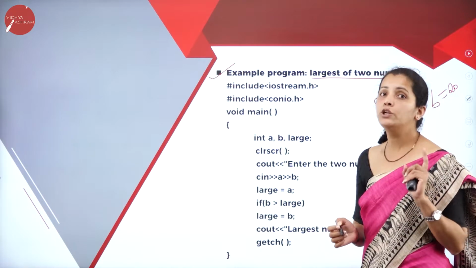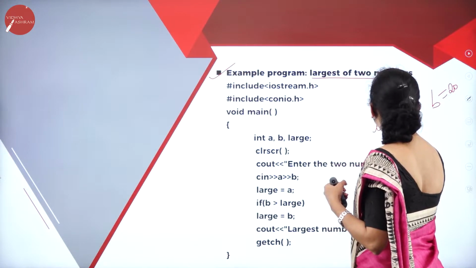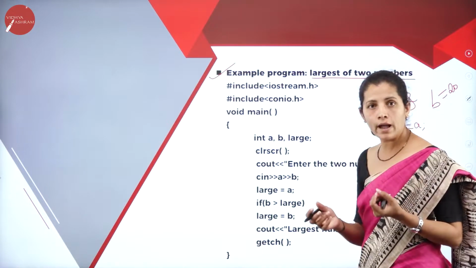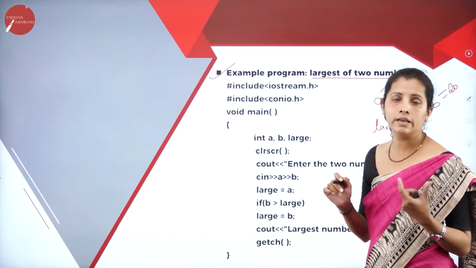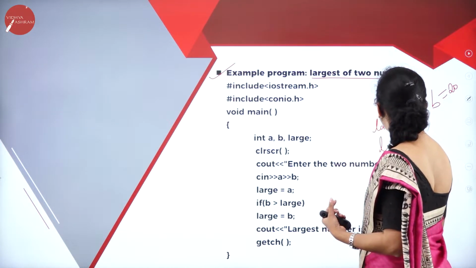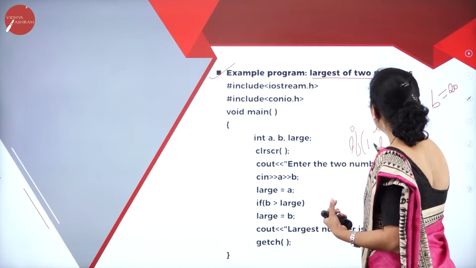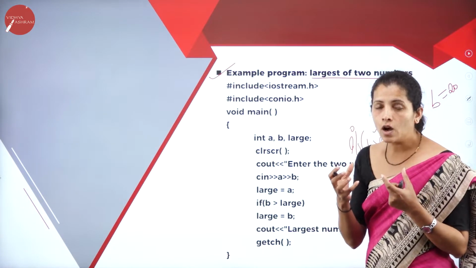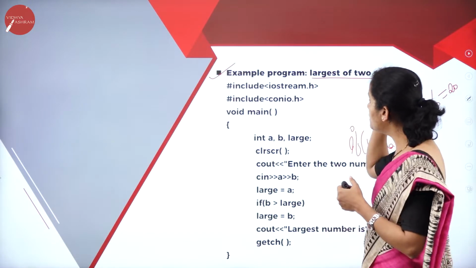Now I need to check. Initially I'm going to take large equal to A. That means whatever the value which is stored in A must be stored in large. Now if B is greater than large, then I'm going to announce B is larger. This is the program.